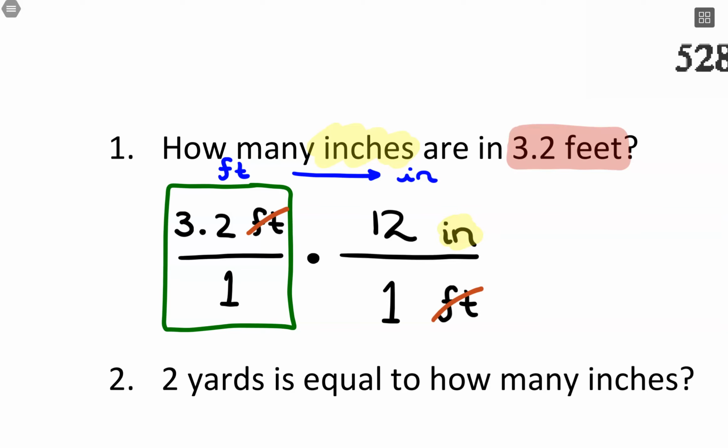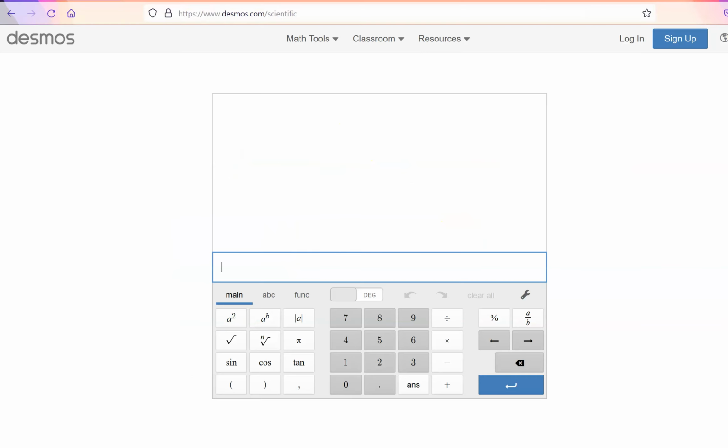And then numerically, I have this fraction where in the numerator it's 3.2 times 12 over 1 times 1, which means it's really just 3.2 times 12, but in the calculator I'm going to show you how to just plug it all in so that you're always ready to go. So I hit the fraction button, this A over B button, then we'll have 3.2 times 12, and in the denominator 1 times 1, which is all just 1, and there's our 38.4.